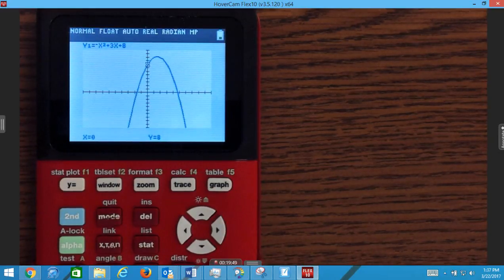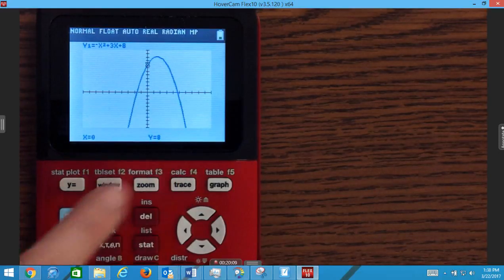So that is a good way of checking our y-intercept. That one I would think would be the one that you feel most confident about, hopefully, finding the y-intercept.